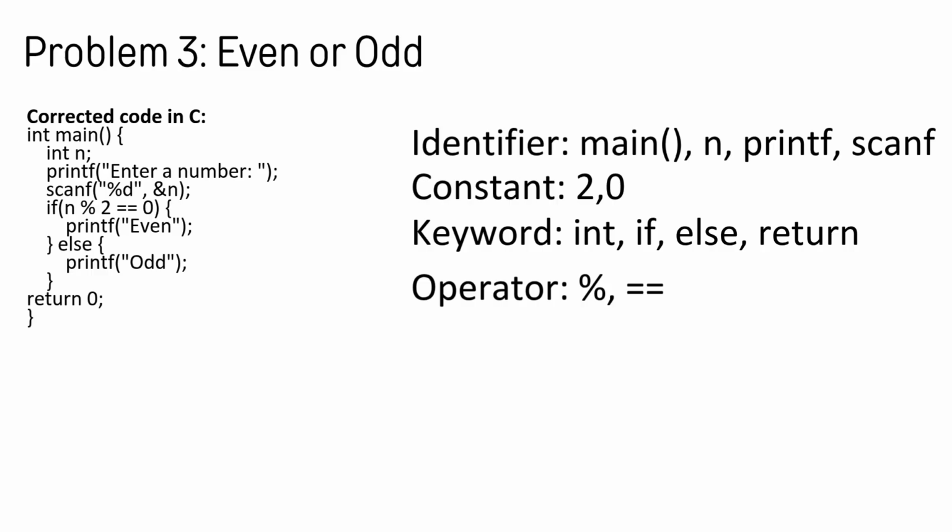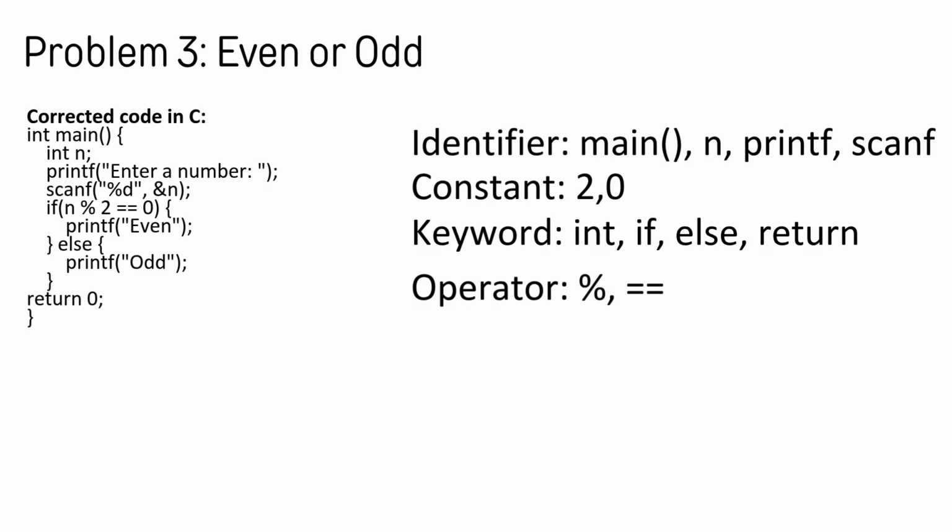Then n modulus 2: 2 is a constant here. Sorry, 0 is a constant, 2 is a constant, and double equal sign and modulus are operators here.